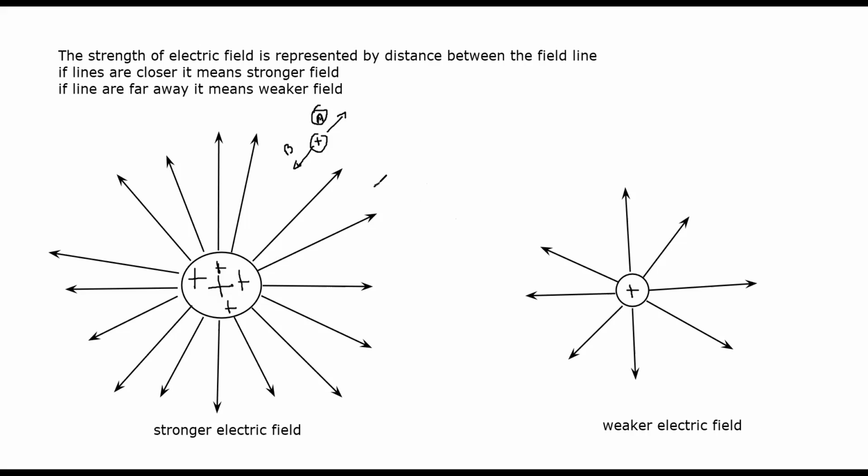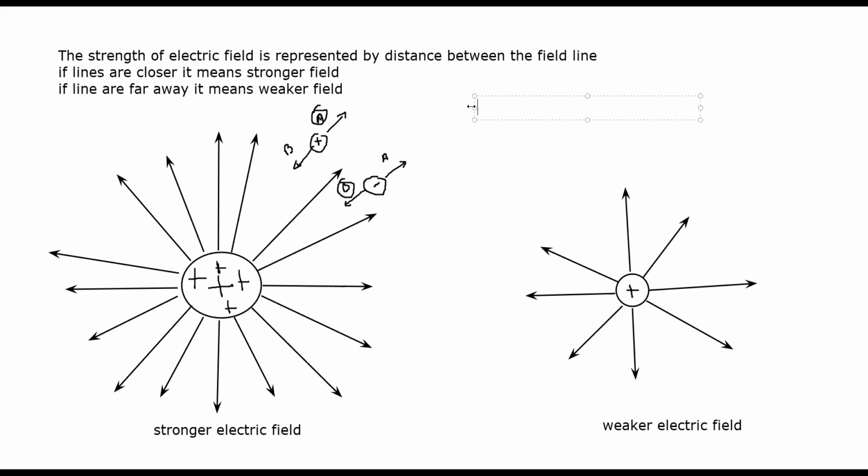But if I place a negative charge, where will it move, A or B? If I place a negative charge, because unlike charges attract each other, the negative charge will move towards the positive charge.